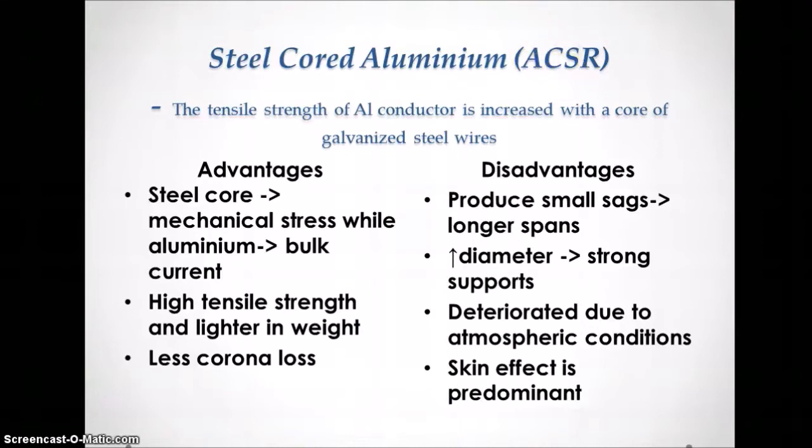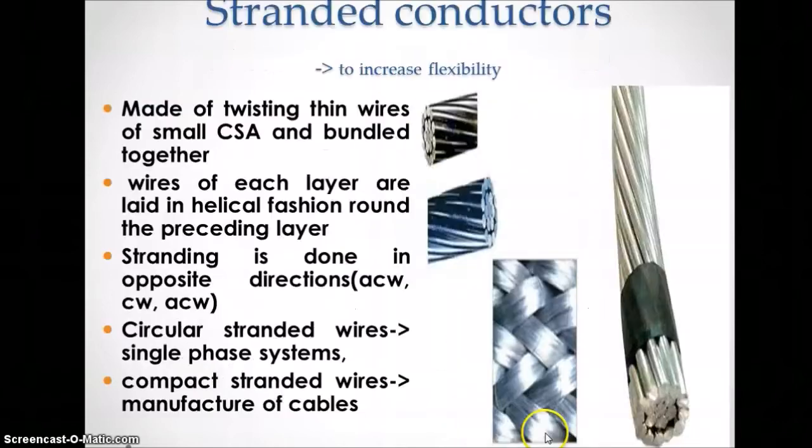So we can use the advantages of both aluminum and steel, and hence we have come up with the ACSR conductor. If we use this, we have less corona loss and high tensile strength. Disadvantages definitely exist, like skin effect. It can produce small sags. It can deteriorate due to atmospheric conditions.